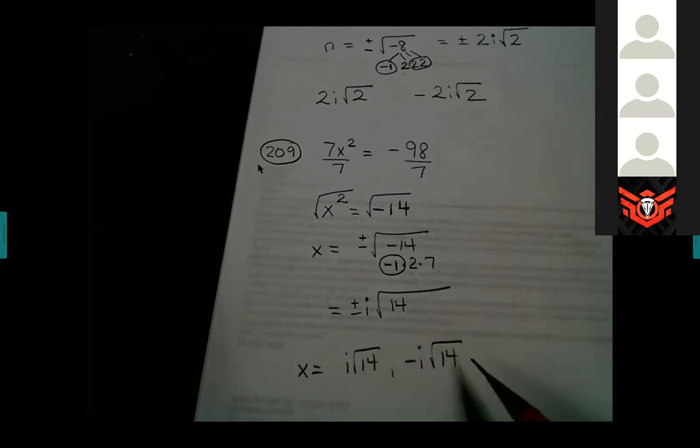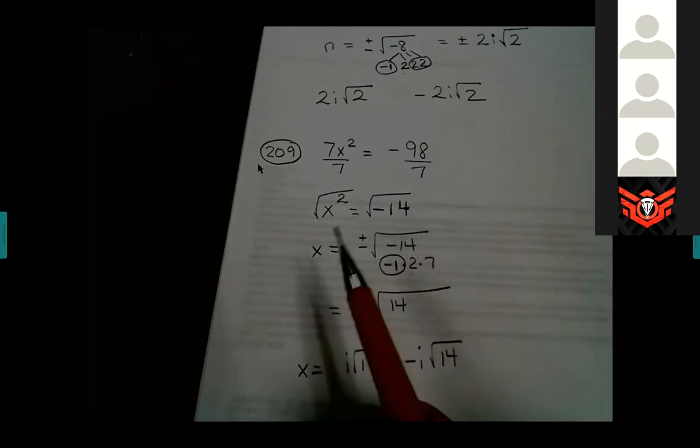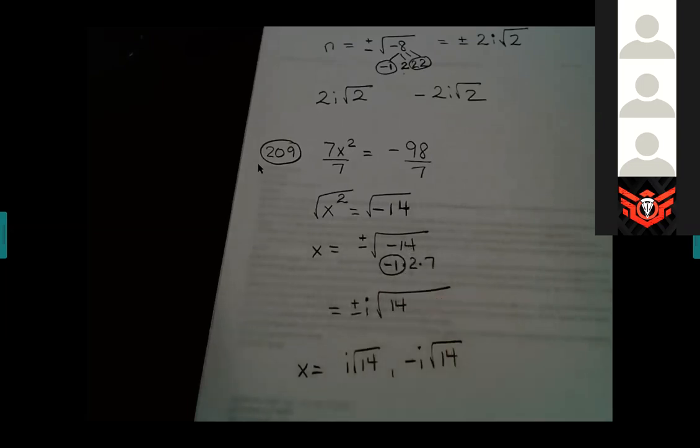Logan, you told me 14 and -14, but that 14's under a square root because you got a square root on the left, you got a square root on the right. So the 14 is under a square root. So you write, oh, how would you do it on the keyboard? You write square root, SQRT, or square root.